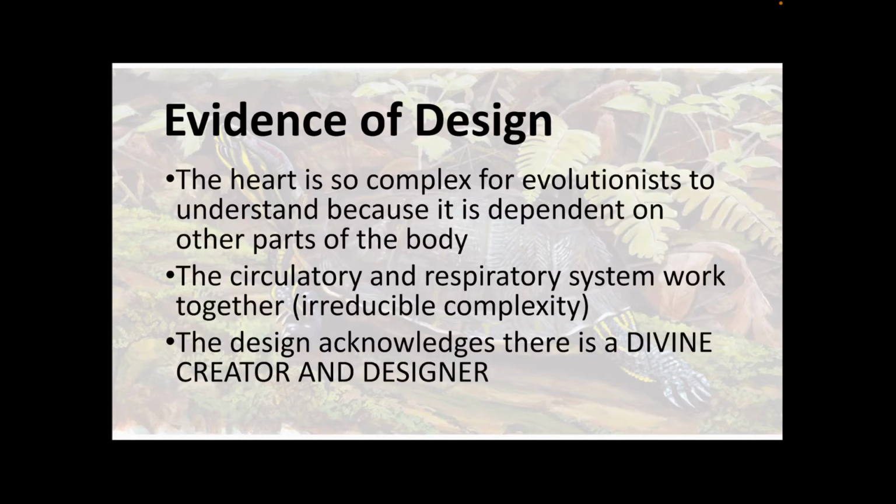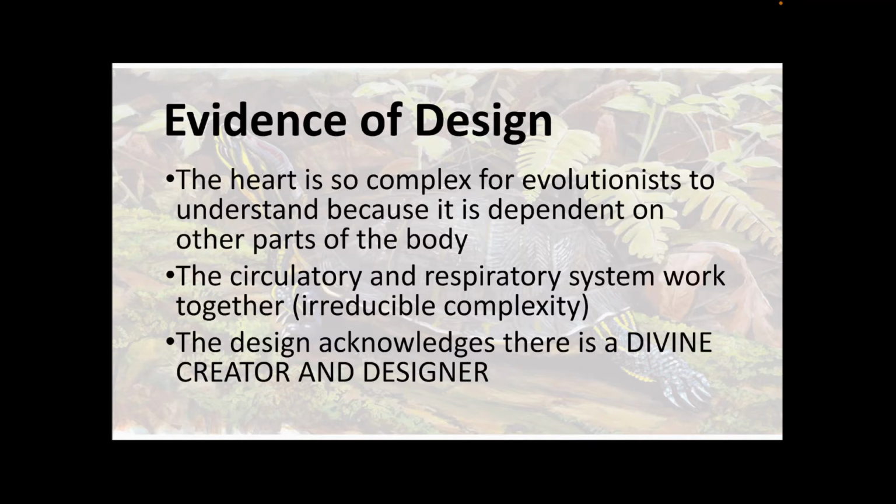Okay, so looking at this, reading how complex our hearts are and the way that the circulatory system functions with other parts of our body makes us wonder how evolution can play into this. Because according to evolution, everything started from one cell and grew in complexity over time, so one thing is being created at a time. But in order for any living organism that has a heart or a circulatory system to function, you can't just have a heart, you need every other part of the body as well, such as your respiratory system.